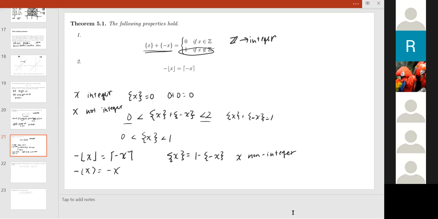Using that fact, we have that the negative of the floor of x is equal to negative of x minus the fractional part of x. This is equal to negative x plus the fractional part of x, and the fractional part of x is just this.